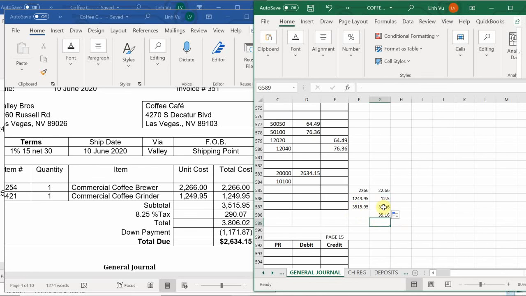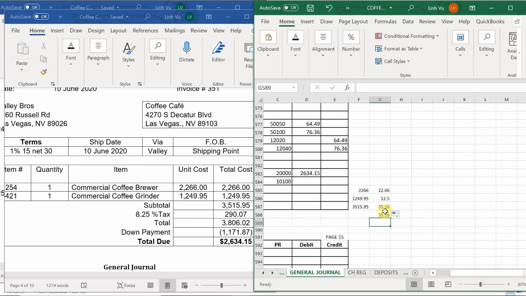But I'm not going to take that and divide it by 2, because then I'm going to discount one of the items more than the other. In reality, the best way to do it is to itemize each one and then take the discount.